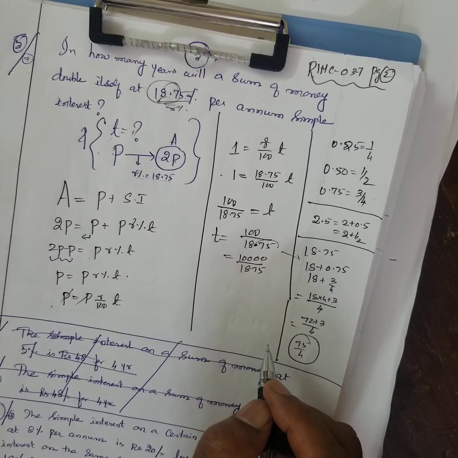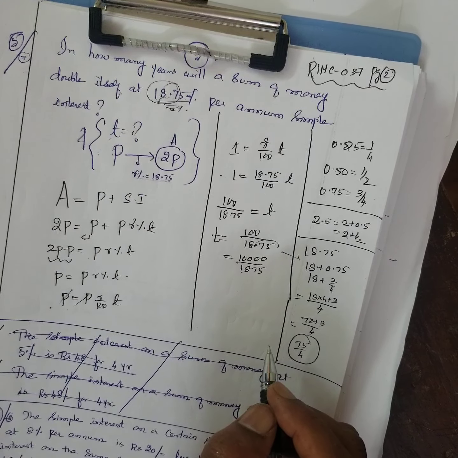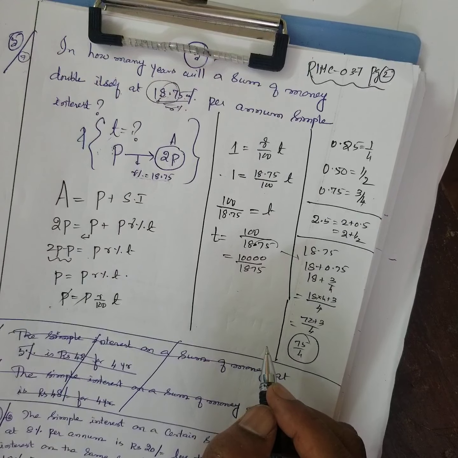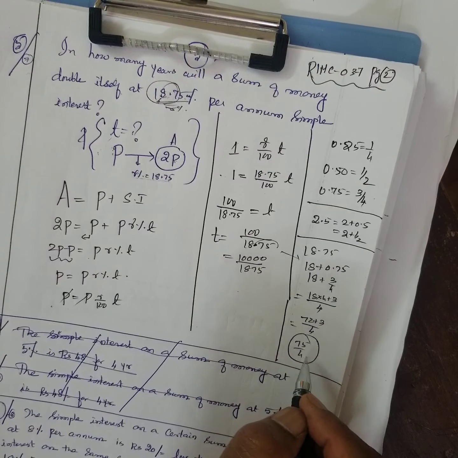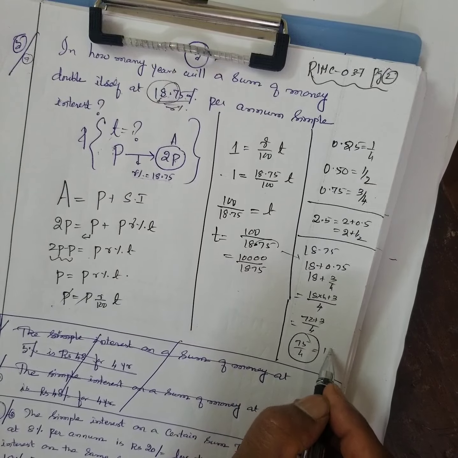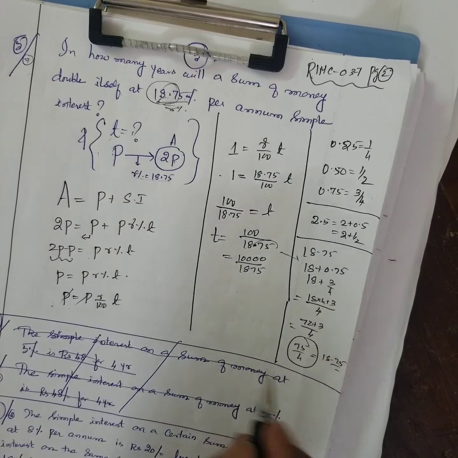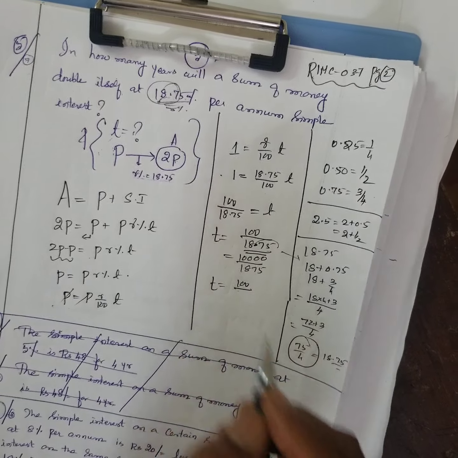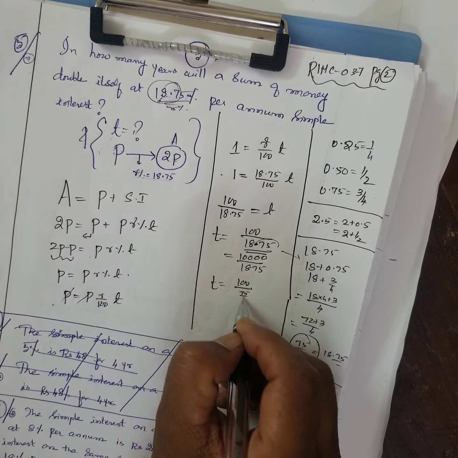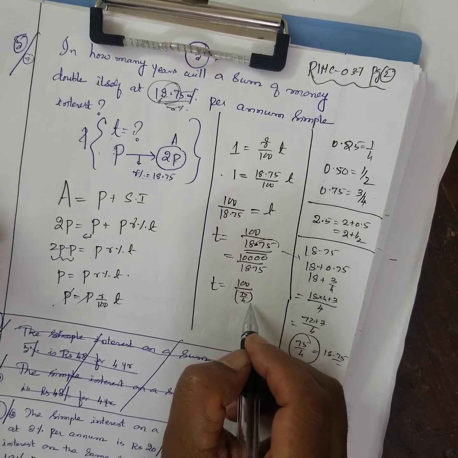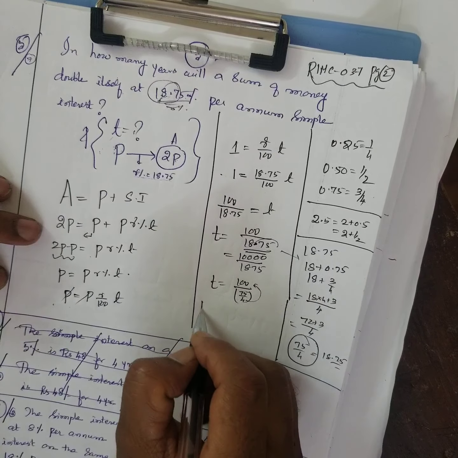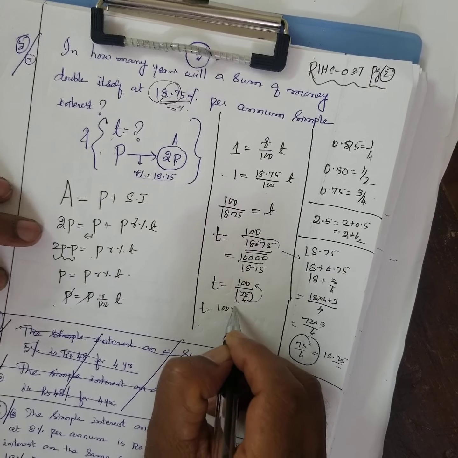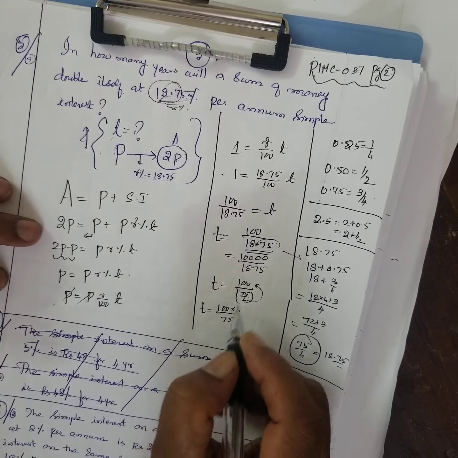That means 75 divided by 4 equals 18.75. Therefore, T is equal to 100 divided by 75 by 4. The 4 goes up. Therefore, T is equal to 100 into 4 by 75.